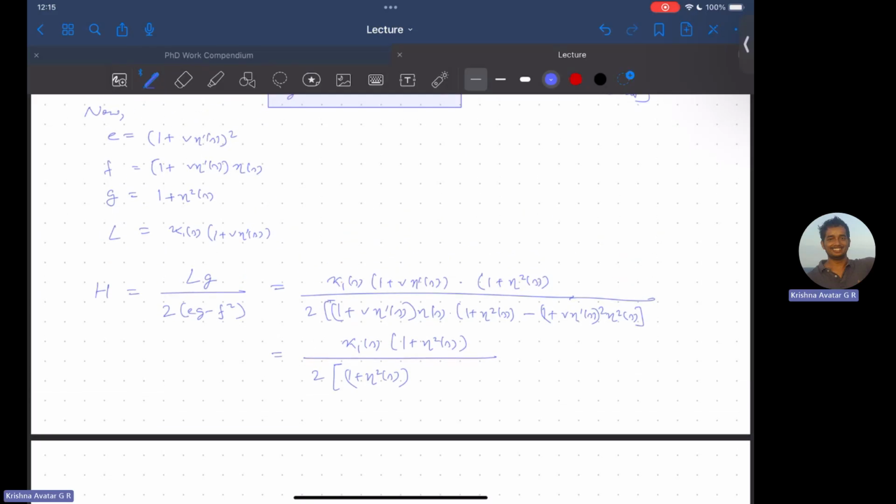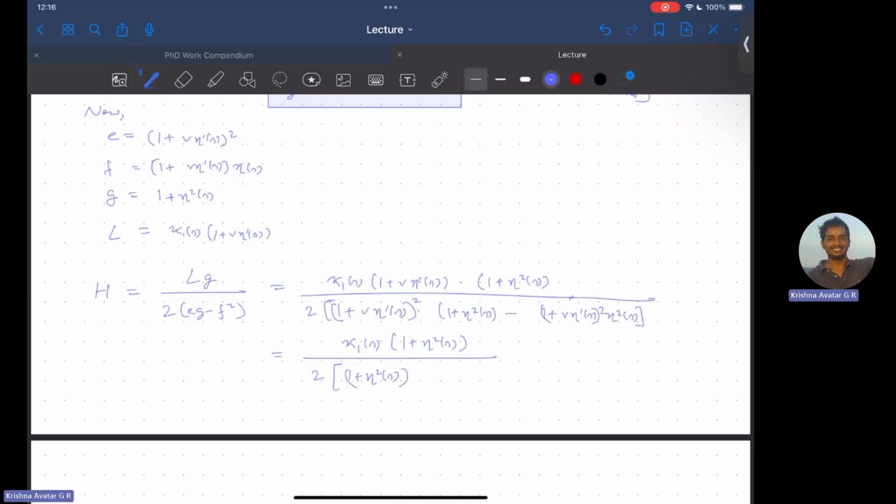This was supposed to be 0, which is squared. Sorry, I made a mistake. Yes, it's 0, I think.